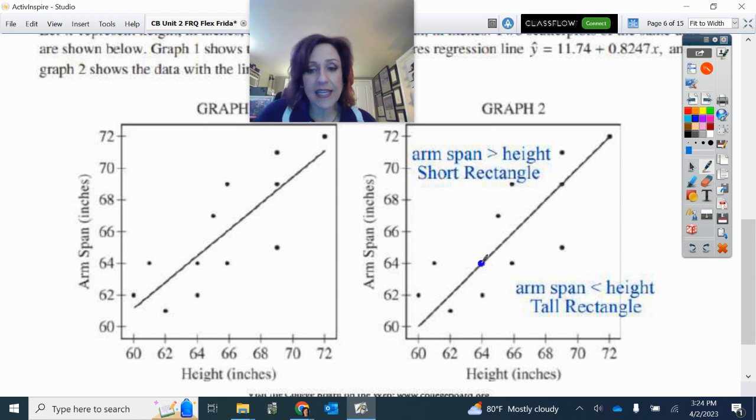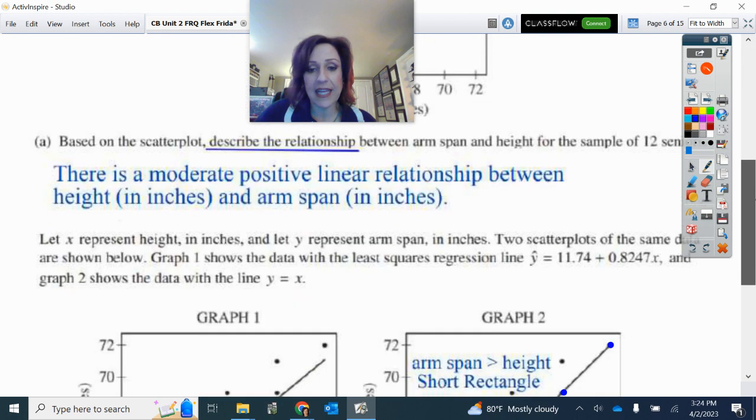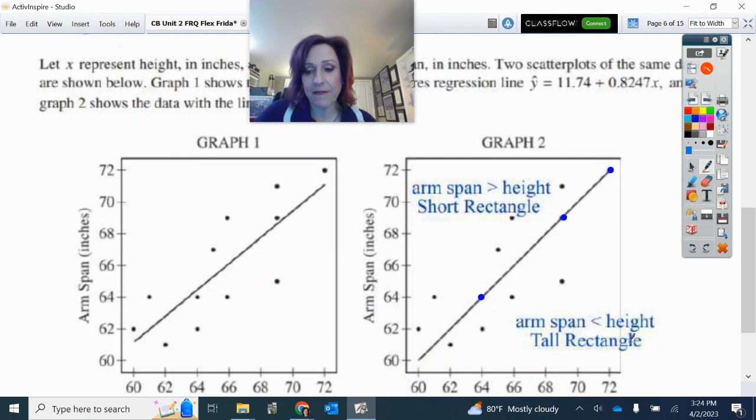So in that case, I could see that I had 3 people who were considered, quote unquote, square because they were on this line y equals x. And then the definition on the next page that the arm span, so that's the y, is less than the x. So over here, by looking at this, if this y value is less than the x value, that's all of these 4 people that are down here on the bottom.